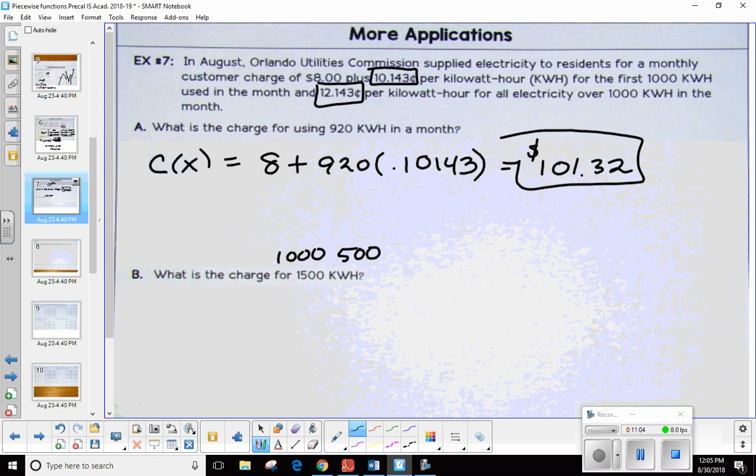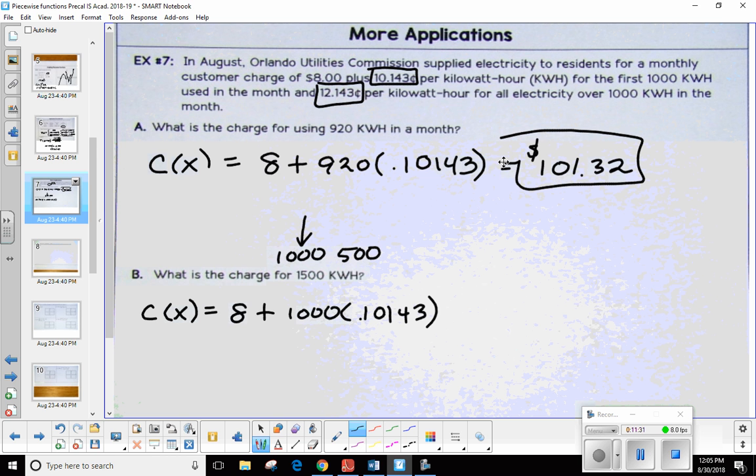No matter what, how much are you charged just for being part of this program? $8. That's our standard fee, $8 plus. Now let's look at the first 1,000. Up to and including the first 1,000 hours, you're only charged 10.143 cents. So I'm going to multiply 1,000 times 0.10143.